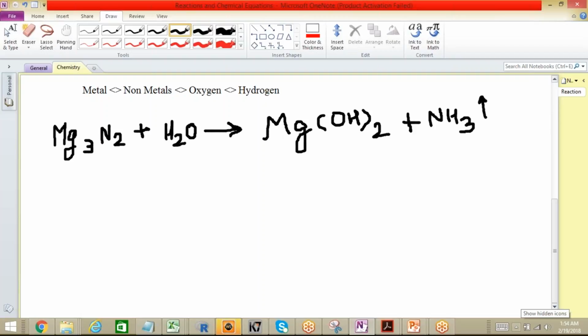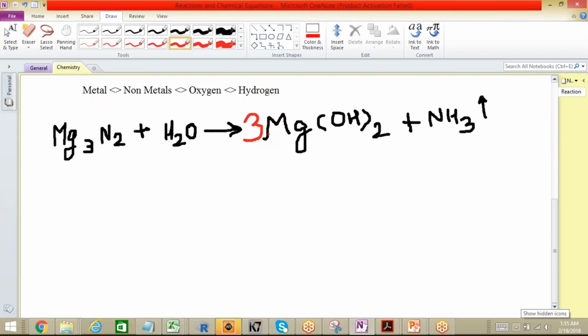But after the reaction, it is mentioned only one atom here, one Mg, right? So let's do one thing. Let me make it 3 here, right? So now the 3 Mg and 3 Mg is balanced now. 3 atoms of magnesium and 3 atoms of magnesium.